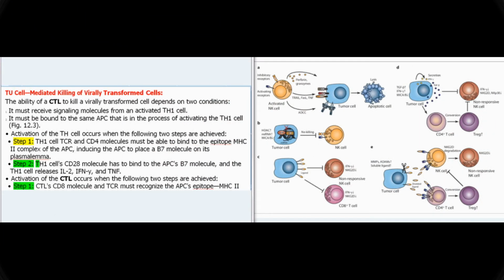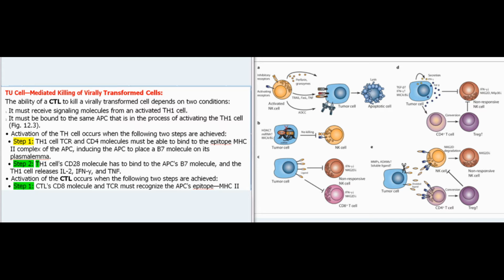Th1 cell-mediated killing of virally transformed cells. The ability of a CTL to kill a virally transformed cell depends on 2 conditions. It must receive signaling molecules from an activated Th1 cell. It must be bound to the same APC that is in the process of activating the Th1 cell, Fig 12.3. Activation of the Th cell occurs when the following 2 steps are achieved. Step 1.